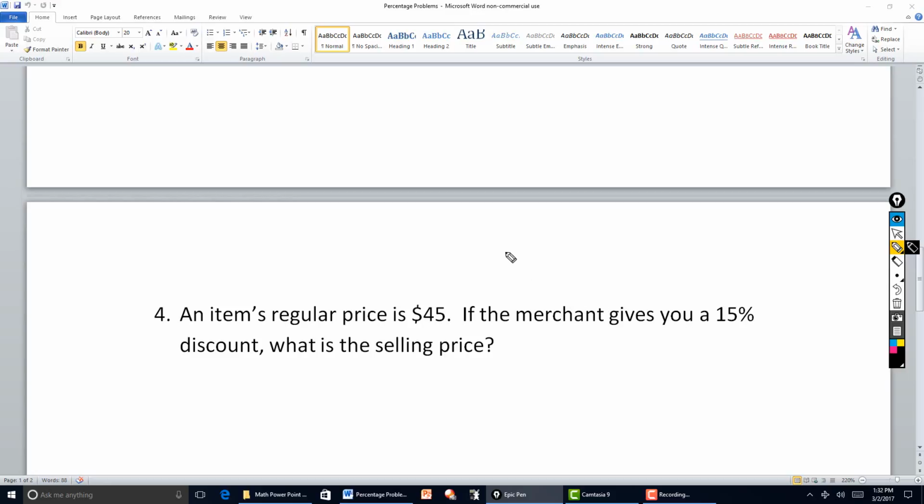So again, what we want to do is try to fit it into this format. A is equal to the rate times the base. So see if we can set it up this way. Remember, the rate is associated with the base. Those are going to be multiplied. So what is the base here?